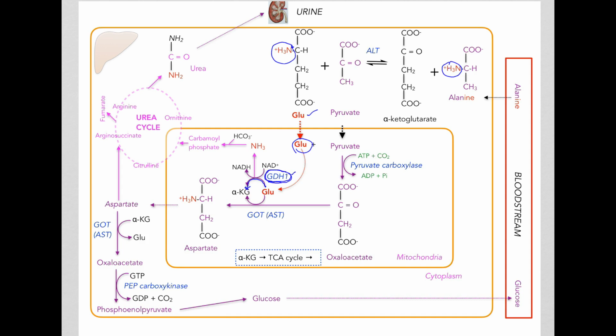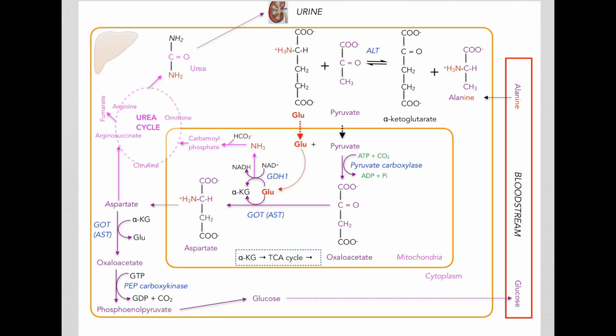And what happens is this nitrogen comes out as ammonia. So basically now we have the nitrogen in the form of ammonia, and the liver will now convert this nitrogen, or incorporate this nitrogen, into the organic compound called urea.